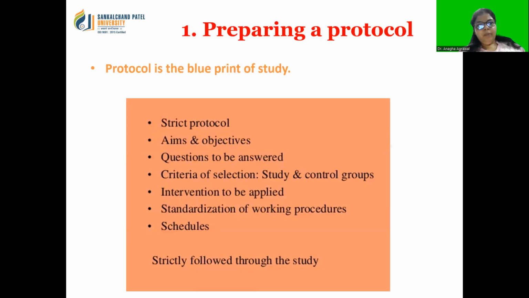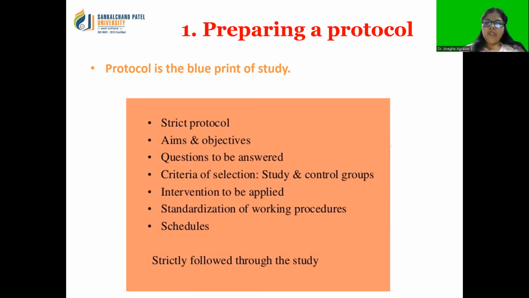What is preparing a protocol? Protocol is a blueprint of the study which we have to write on a piece of paper, as I've already told you. It's a strict protocol having aims and objectives, questions to be answered, criteria of selection like study and control groups. So what are your inclusion criteria and exclusion criteria for a particular population?